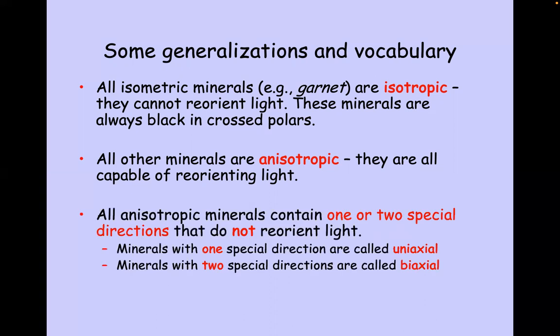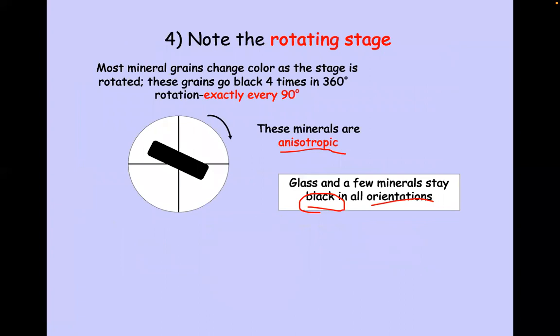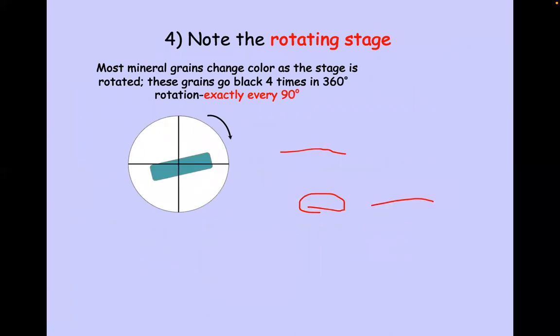So all the anisotropic minerals contain one or two special directions that do not reorient the light. That is a new point that we haven't discussed, so we'll go back. This mineral shows some color under cross polarization, but we said every 90 degrees it becomes black. Becoming black means there is no light passing through the second polarizer. That is the point you have to keep in mind.